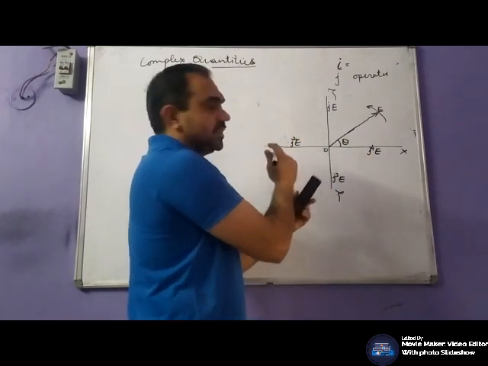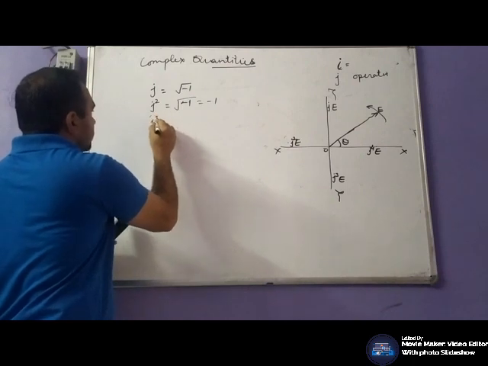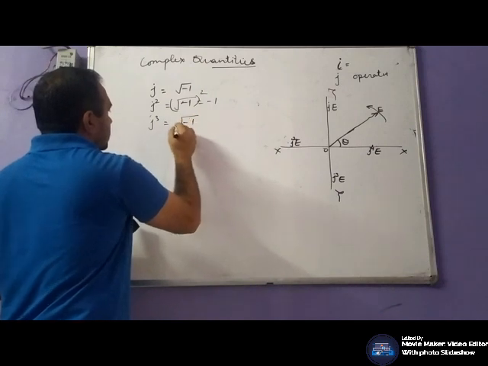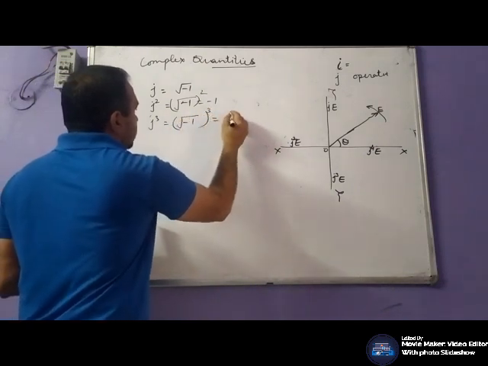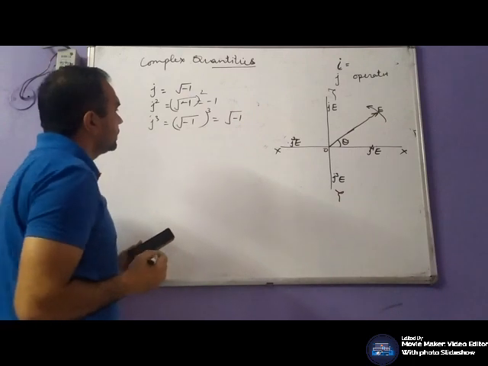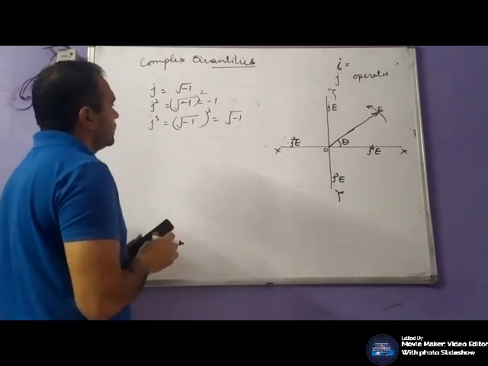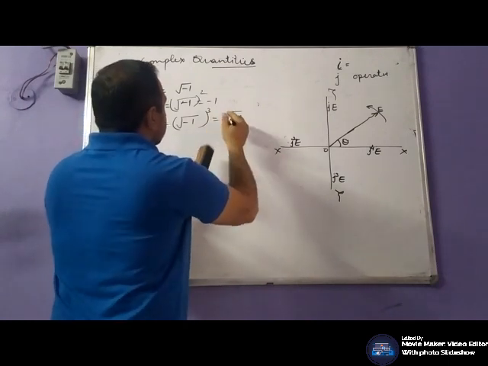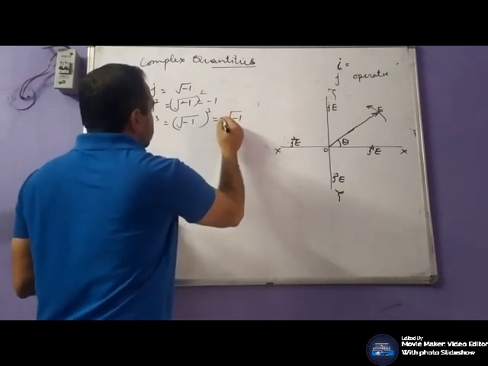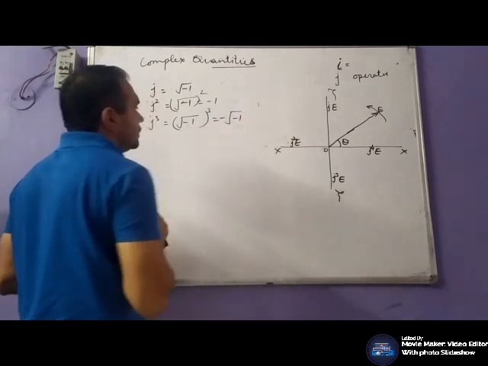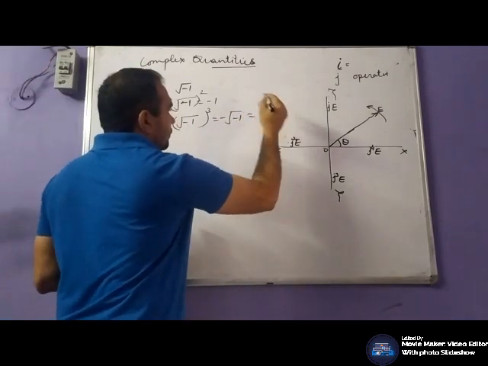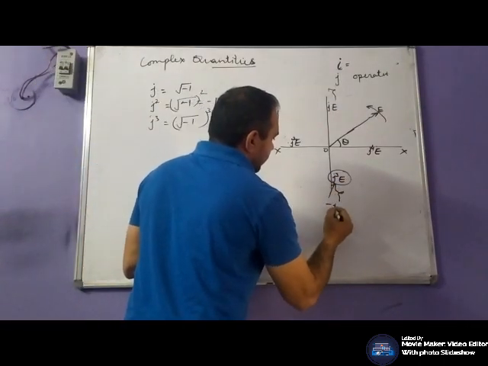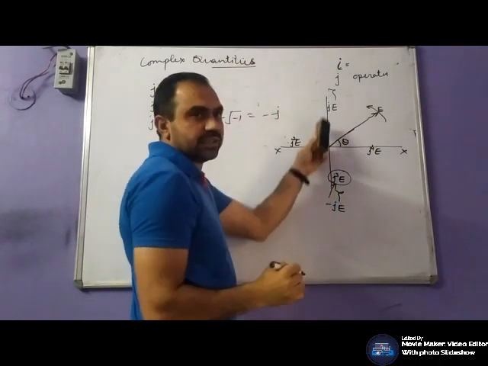That is in phasor position. j cube is minus root 1, and that would be minus j. That's why we can represent it by minus jE, phasor position.